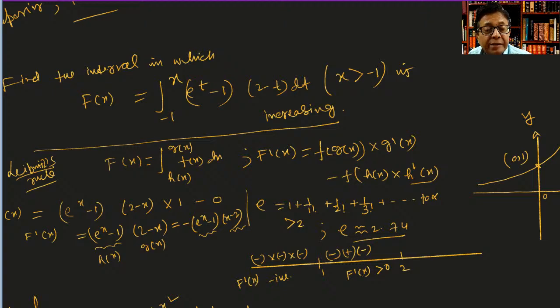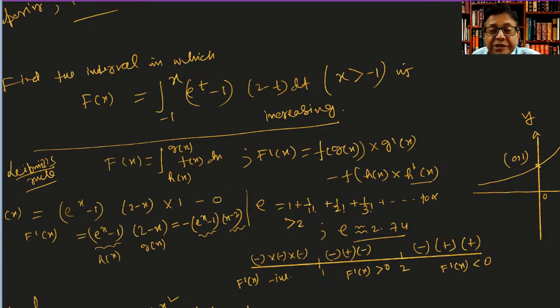And here, beyond 2, you have a negative sign over there. e to the power x minus 1 positive and x minus 2 also positive. So their product f dash x will be less than 0. So this will be increasing in which interval?